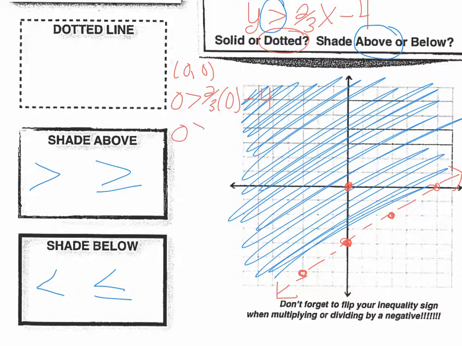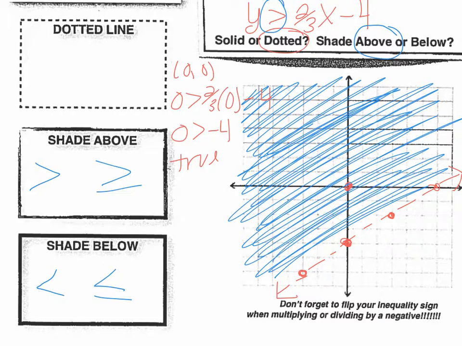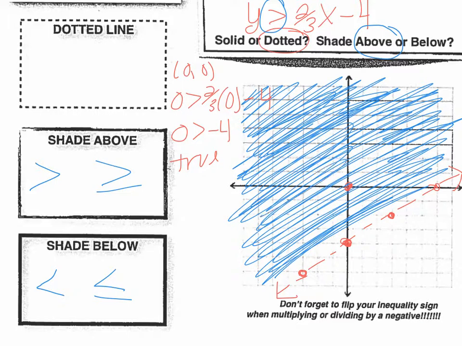Well, that tells me 0 is greater than negative 4, which is a true statement. So if it comes out to be true, that means that point is part of my solution. So everything that we've shaded up here is going to be part of your solution, and if that test point is a true statement, then everything in this region should be true as well.